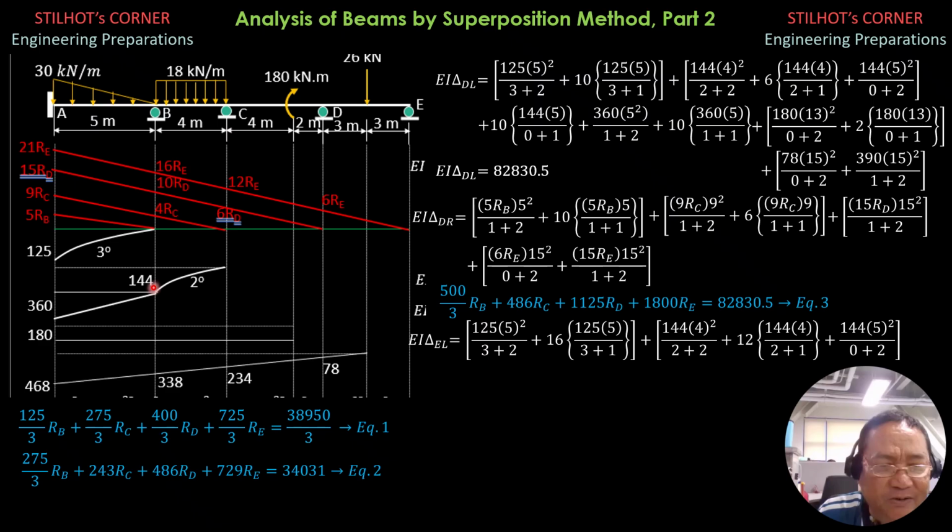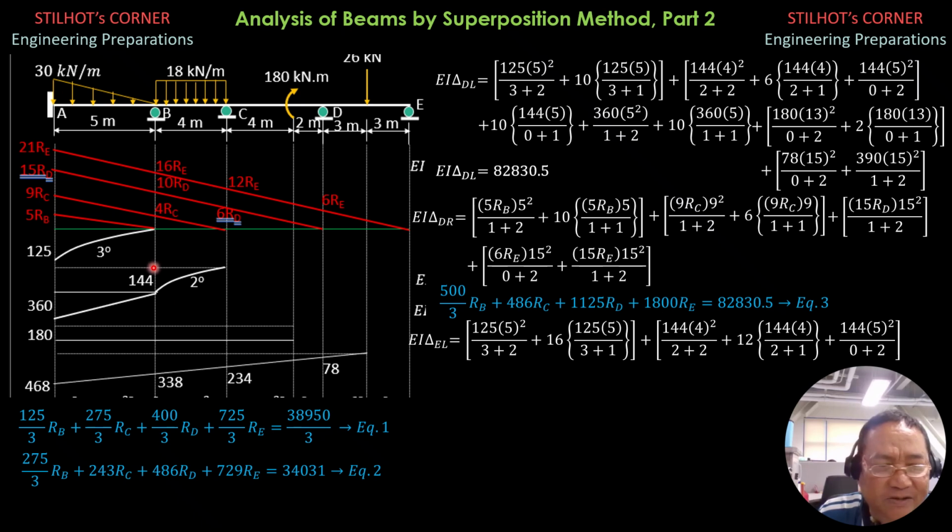Then for this moment, second degree, so 144 due to deflection, 144, 4 square over 2 plus 2. Then due to slope, the additional deflection moment, it is 4 plus 2 plus 6, that's 12. So 12, moment 144, length 4 over second degree plus 1.